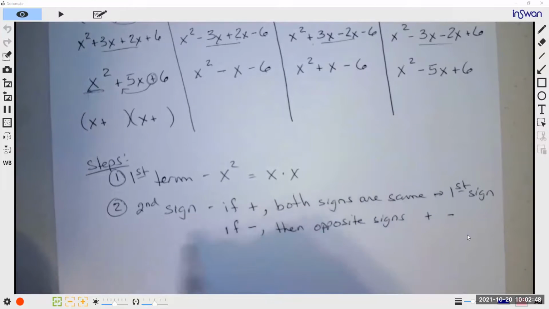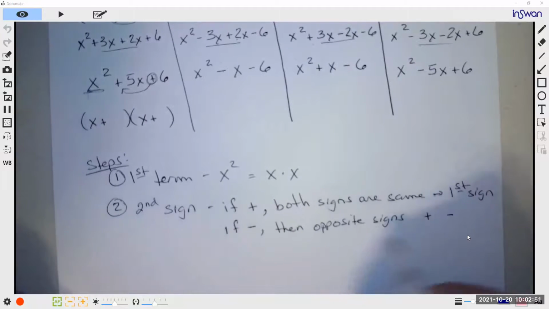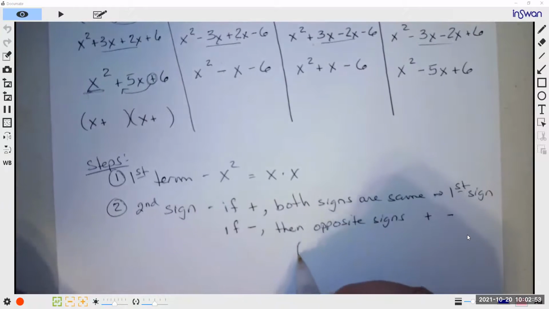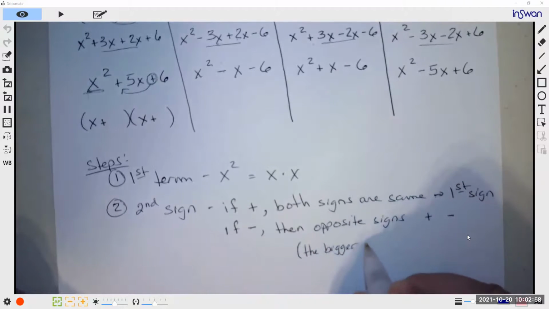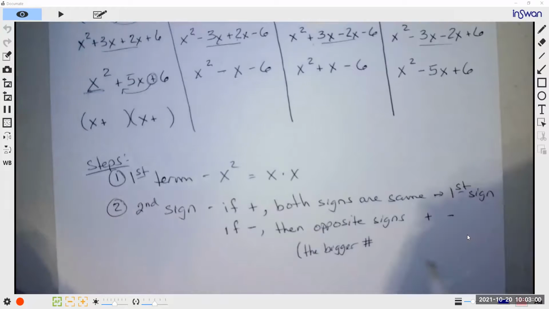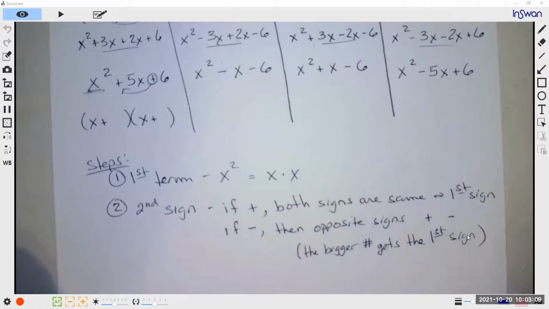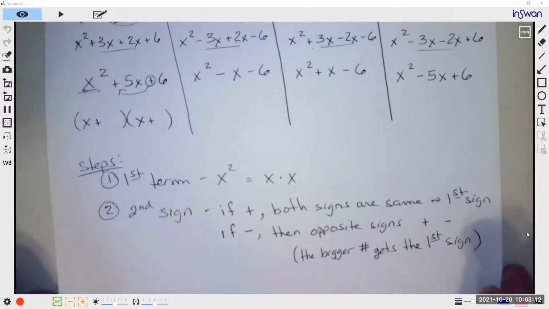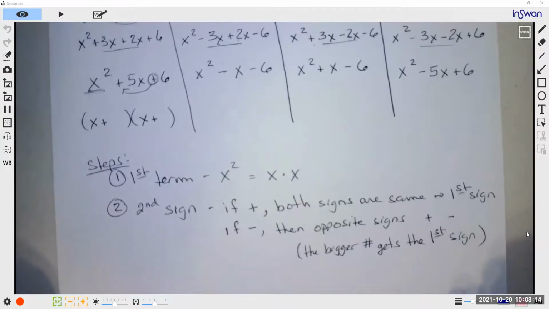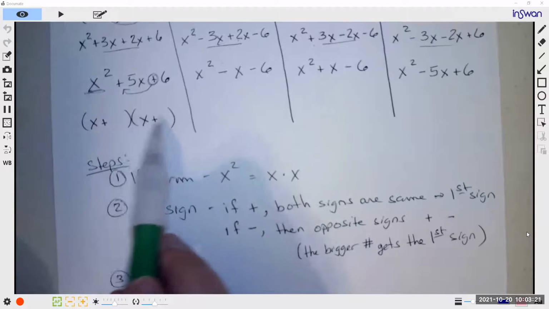Note the bigger number of your solution gets the first sign. All right, so far, all we have left are those last numbers.